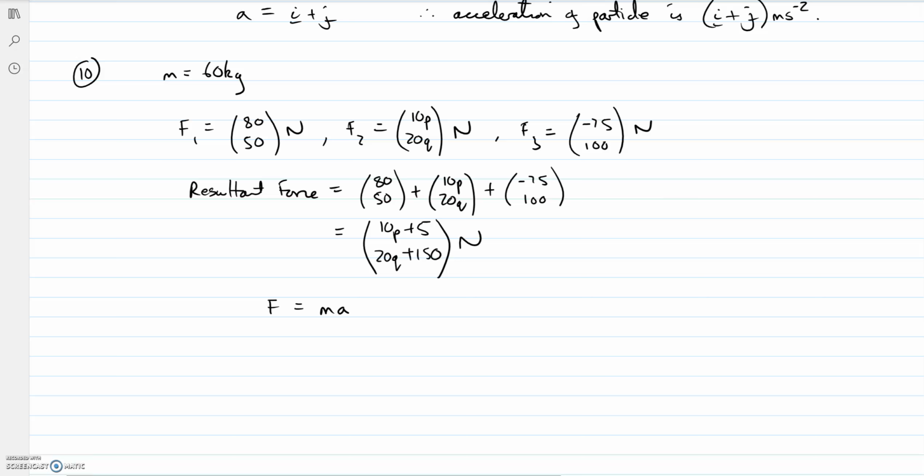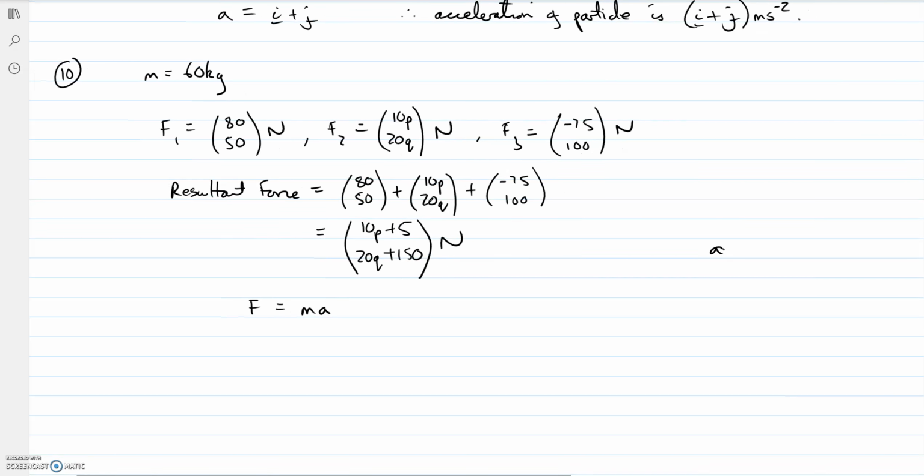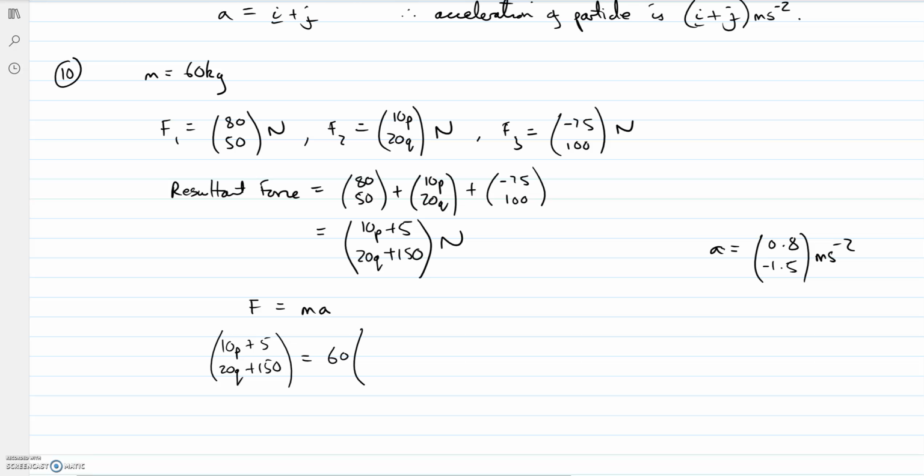And this time we're told the acceleration, sorry, the acceleration is 0.8, minus 1.5 meters per second squared. So our resultant force, 10p plus 5, 20q plus 150, is the mass, which is 60, times by the acceleration.